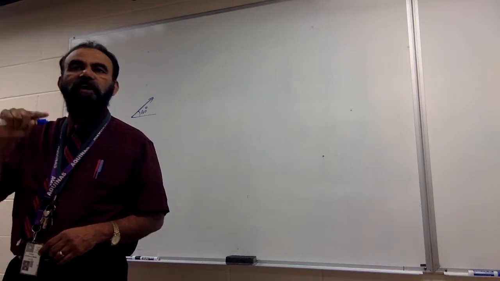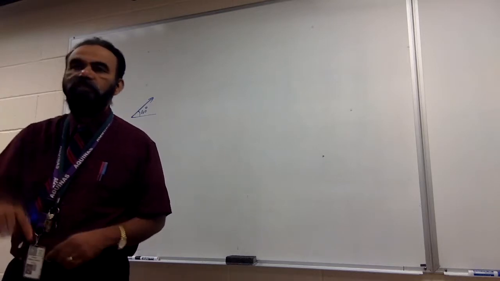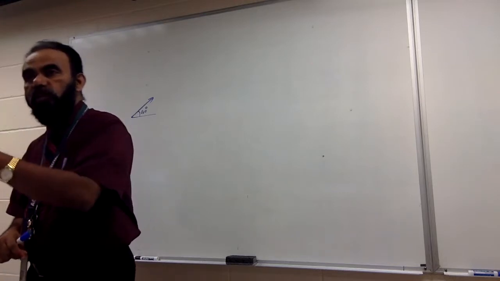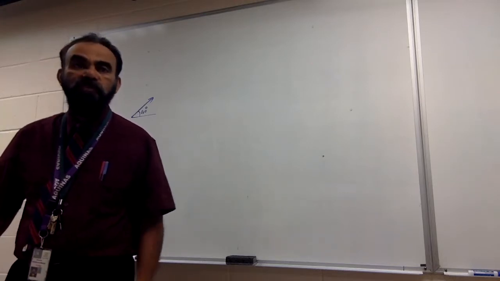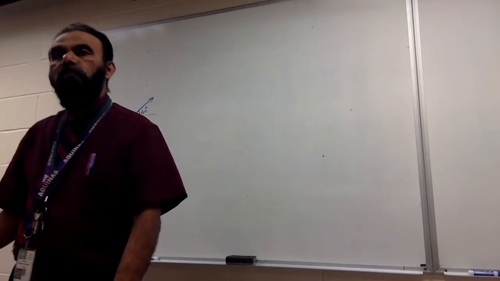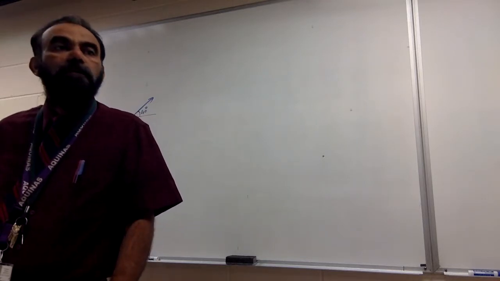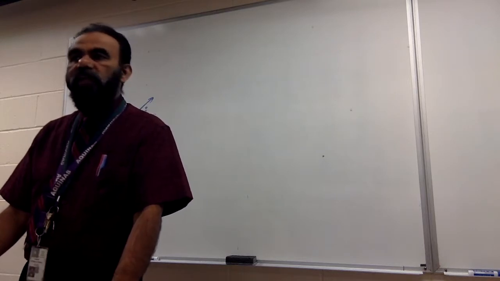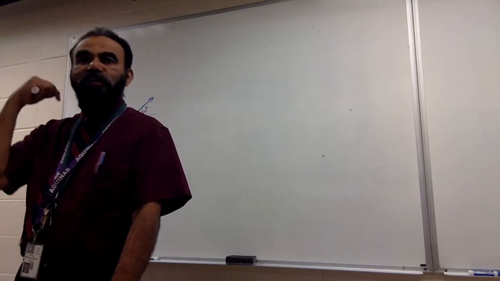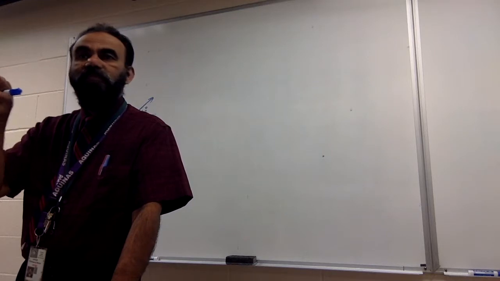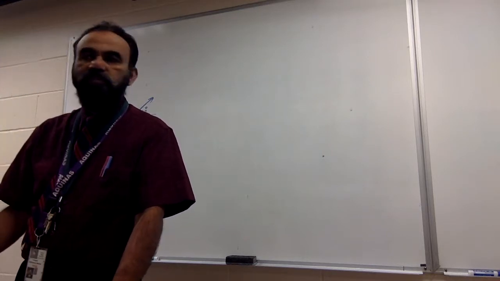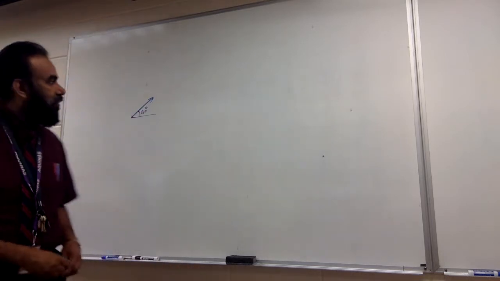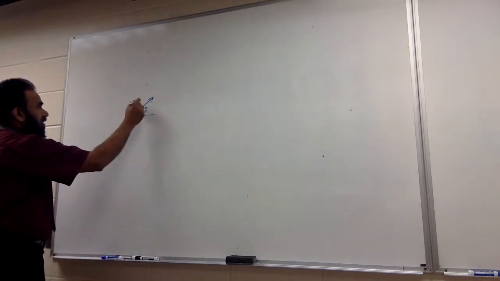Miles per hour to kilometers per hour, you multiply by 1.6. And then from kilometers per hour, you go back to meters per second by dividing by 3.6. And that will give you 17.8, or let's say 18.